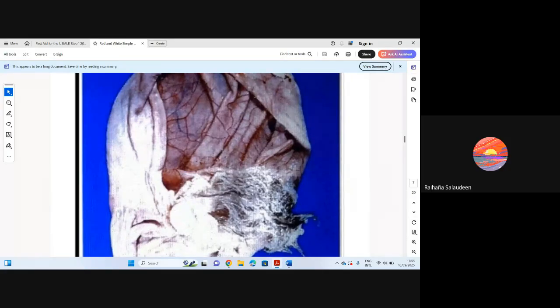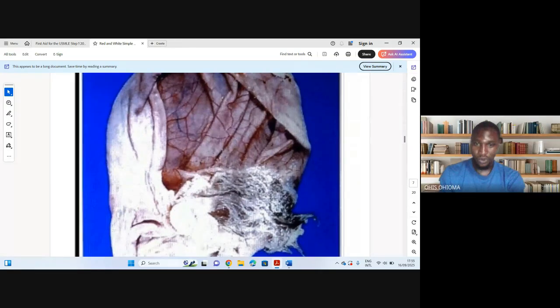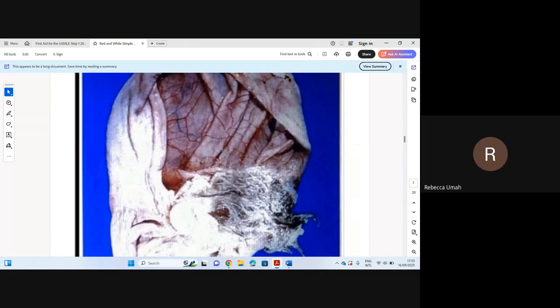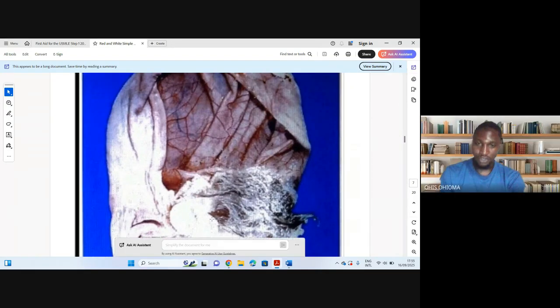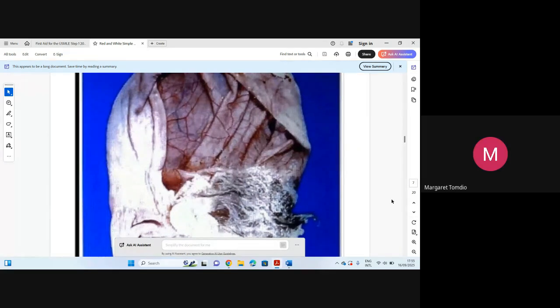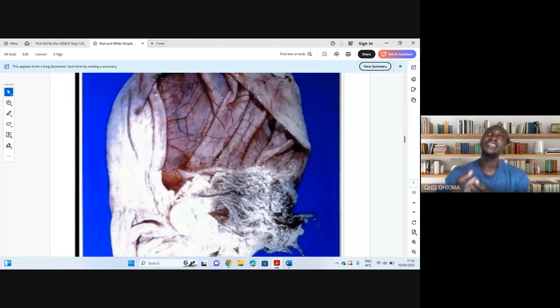You can see here. Is this a mature teratoma? It doesn't really look so. Where are the teeth? Look at the hair. When you see a structure that's derived from the ectoderm in the ovaries, it tells you what kind of tumor this is.